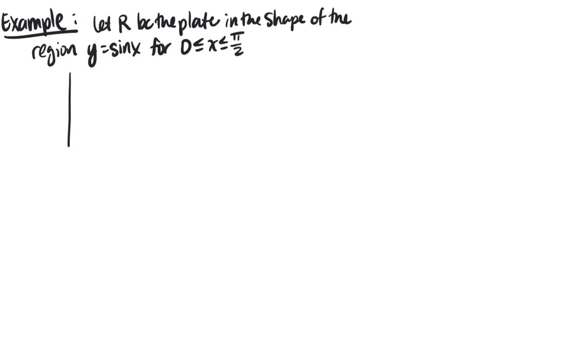So it's going to be like this, the shape of sine x. So the plate is going to look kind of like that. So this is going to be my R.